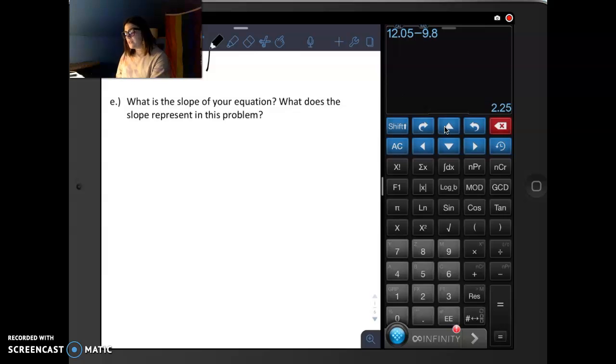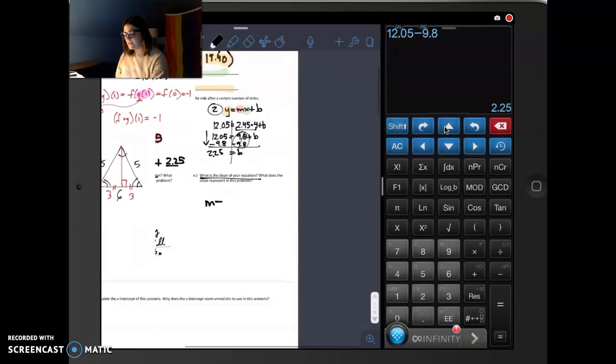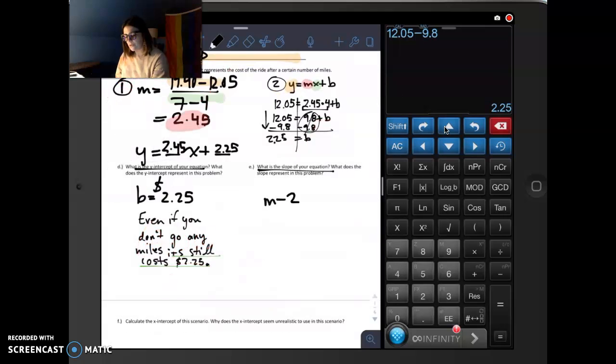All right, so what is the slope? Remember, slope is m, so slope is going to be 2.45. And what does the slope represent in this problem? So this one's a little tricky because we're not seeing a fraction. We're going to do something that maybe you remember from trying to figure out a rise over a run, or graphing, creating a slope triangle.